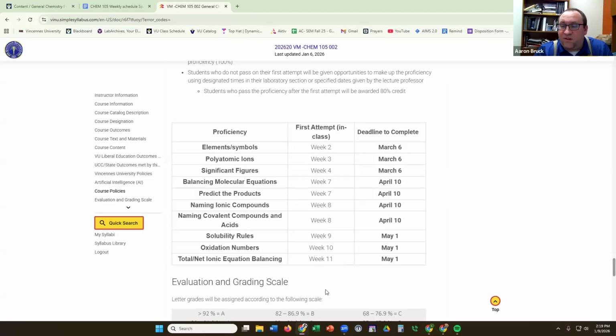But you can also take proficiencies during your labs at the end of lab or even during any of my office hours. Just stop by and take one. The proficiencies do have deadlines. So these first three proficiencies, which again, I consider to be kind of foundational knowledge, stuff that you should already know something about. Maybe you don't know all of the polyatomic ions, but you should know a few of them.